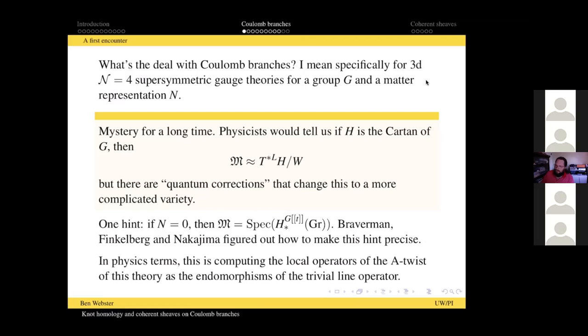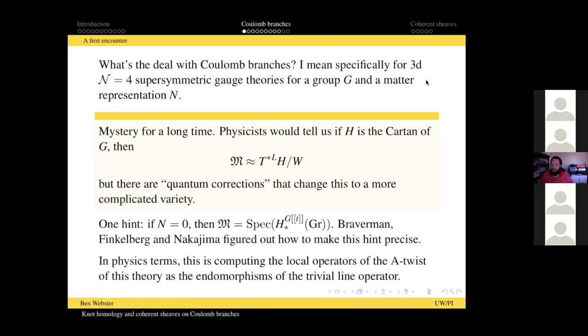They would say, if you compute the Coulomb branch classically, then you take the Cartan of your Lie algebra, you take its Langlands dual, you take the cotangent bundle of that. They didn't say those words, but that was what they meant. And then you mod out by the action of the Weyl group, which, fair enough, but there's something a little fishy going on here.